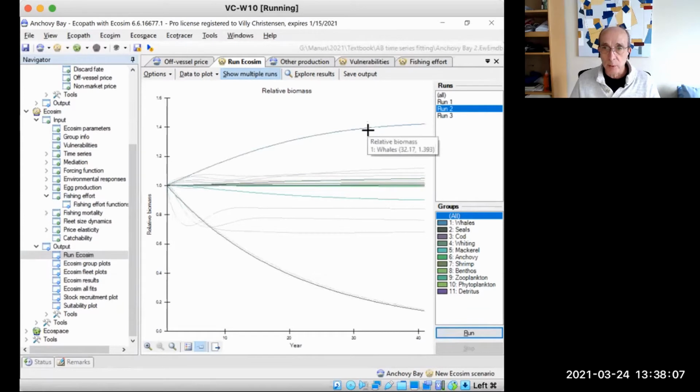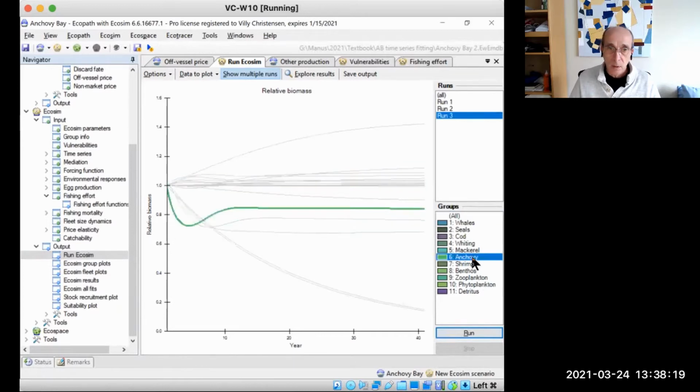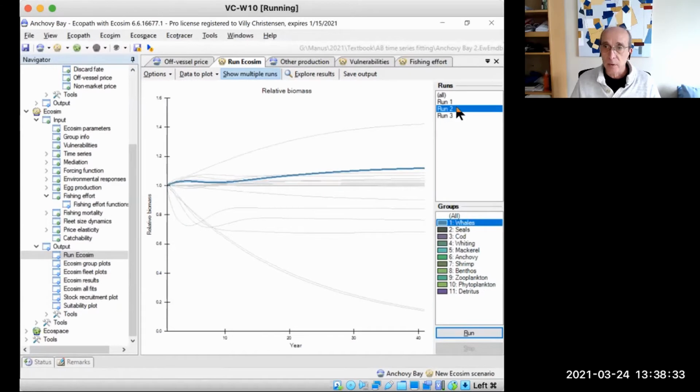This is whales with little anchovy fishing, and this is whales with lots of anchovy fishing. So they're quite different. And anchovy, I can highlight anchovy here, and now it shows the difference between anchovy in the runs. So there is actually some difference here, but it's not that big. The big impact is actually here. Interesting. Oh, whales.